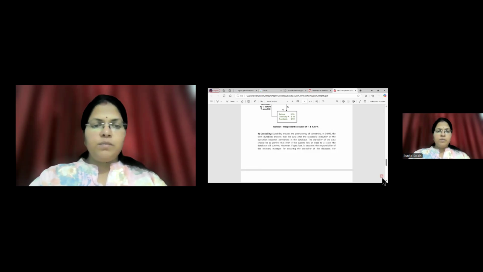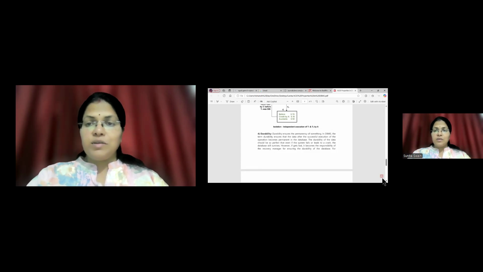And the durability of the data should be so perfect that even if the system fails or crashes, the database still survives. This is called durability in database operation.